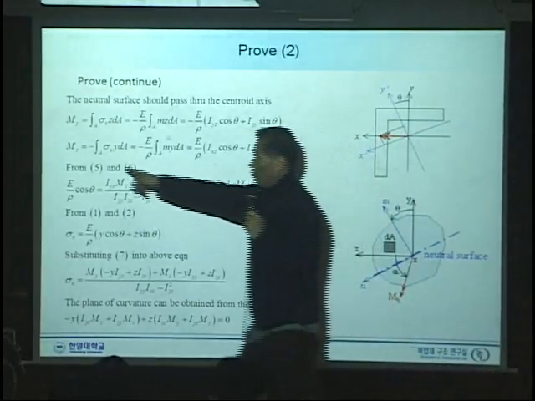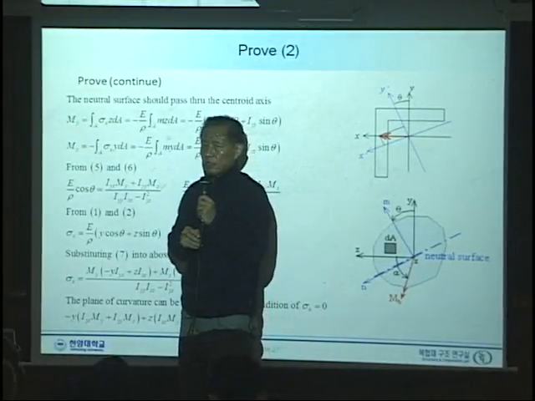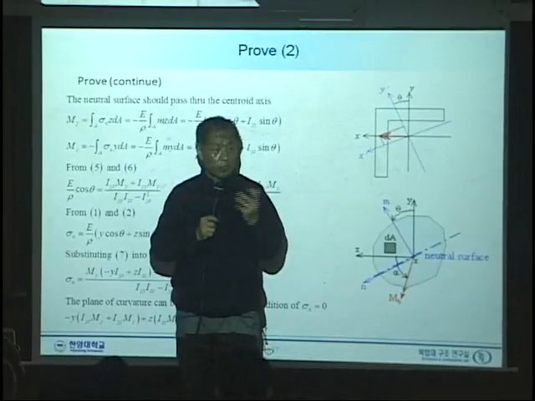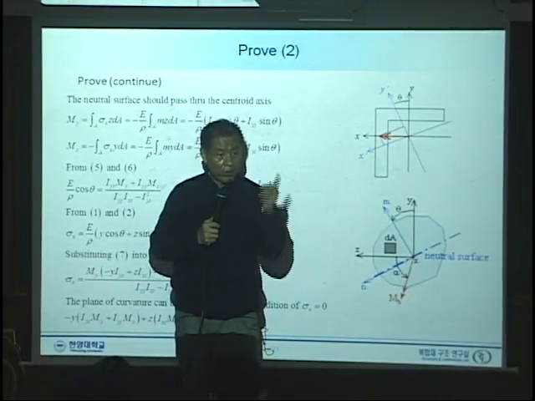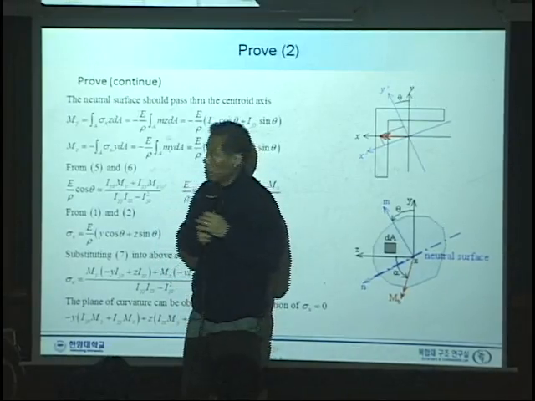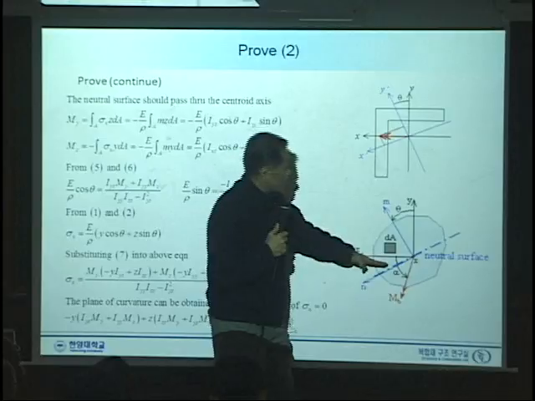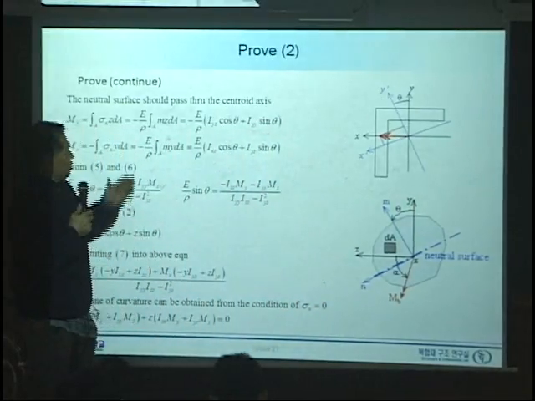So moment y and moment z, and sigma x was defined in terms of a strain, right? Strain is in terms of a coordinate m, okay? But what we know is for the x and y direction. So this is the relation.